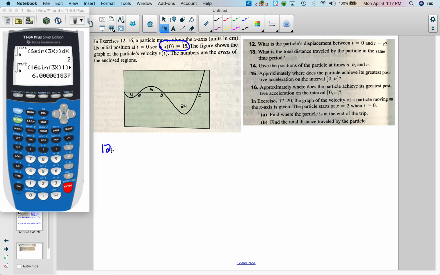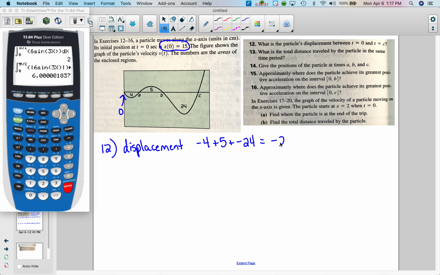So number 12 asks us, what is the particle's displacement between t equals 0 and t equals c? So the 0 is right here. So we want the displacement. That means we care about the sign. So for displacement, we have a -4 plus a +5 plus a -24.